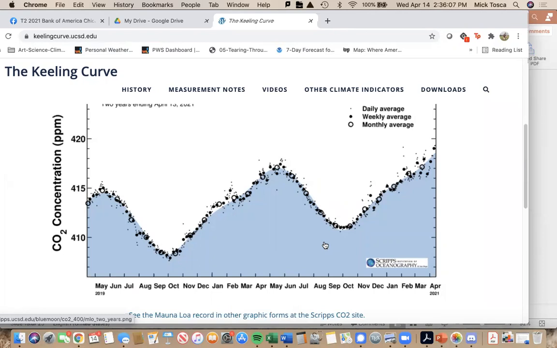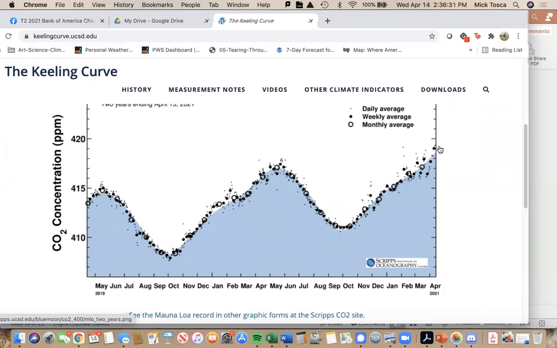But we'll notice that every year the peak is just a little bit higher. In 2019, the peak was 415. In 2020, the peak was 417, or so. And in 2021, we're pretty close to the peak.